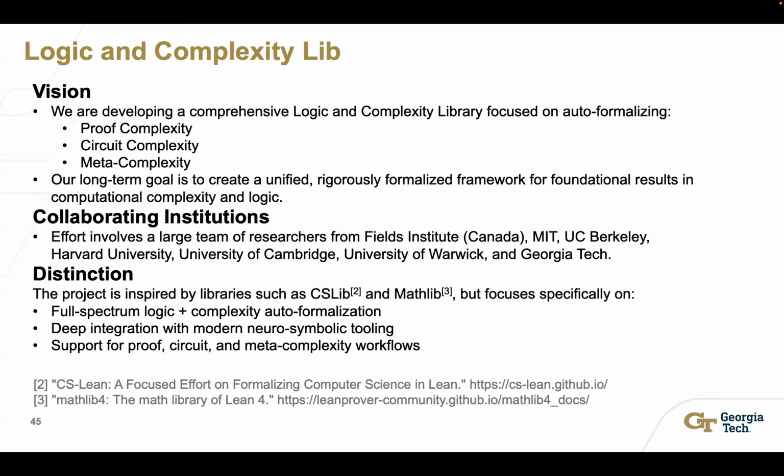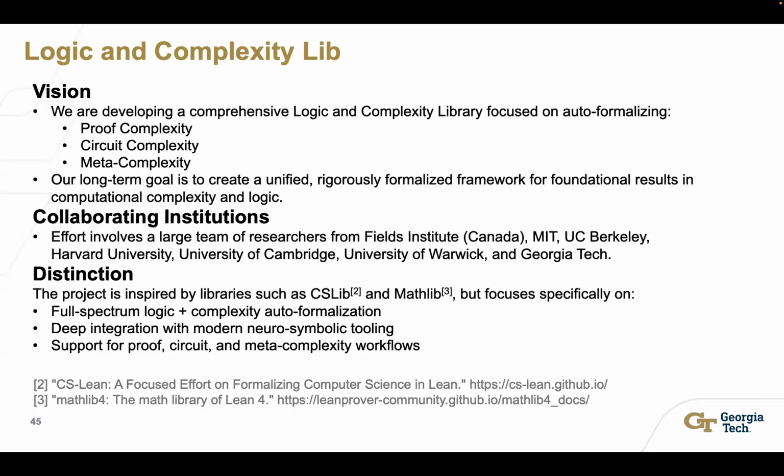So I'll skip over all this, and I want to end with two big community-driven project ideas that I'm working on, which are within the AI for math space. One is the logic and complexity lib. The idea here is that we want to formalize all known mathematical logic literature and complexity literature.